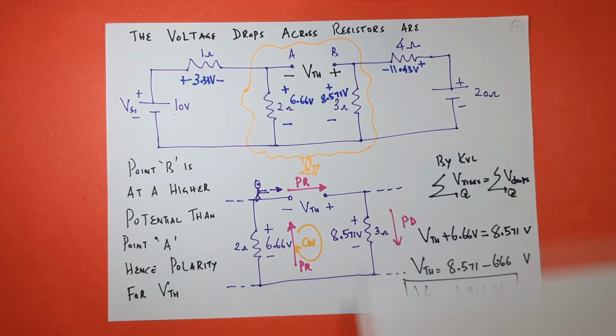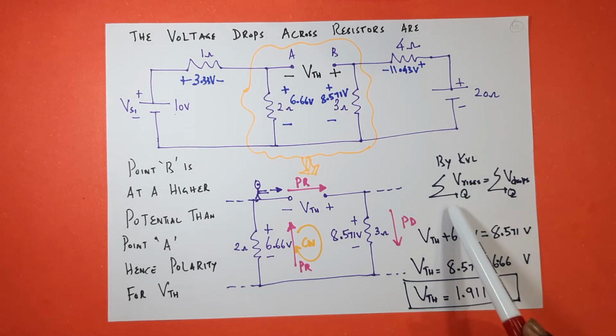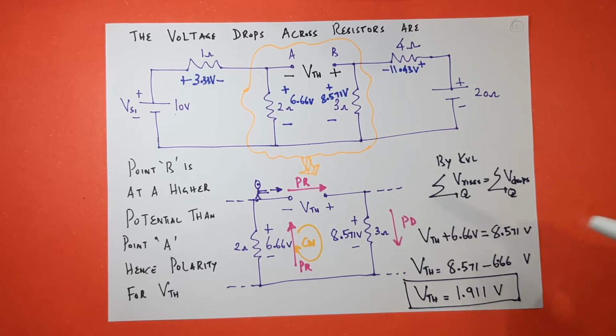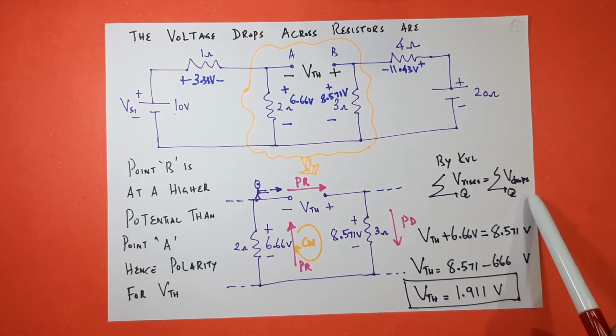So now, by KVL, what is KVL? Kirchhoff's voltage law: the sum of the potential rises equals the sum of the potential drops when taken along the clockwise direction. Or in other words, sigma voltage rises equal to sigma voltage drops.